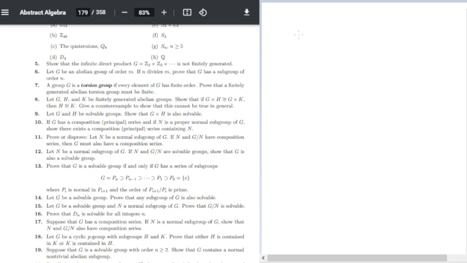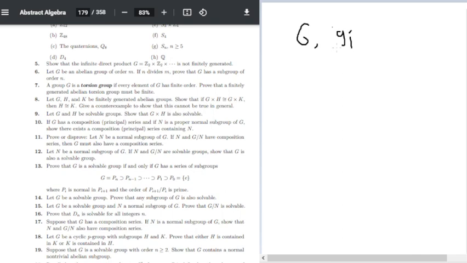So let G be such that every Gi in G has order less than infinity.